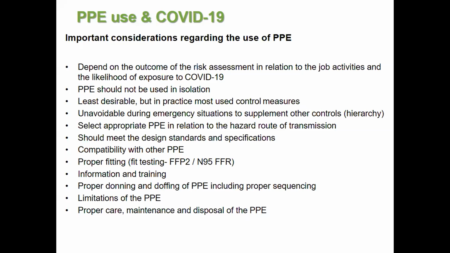So other important considerations include factors like PPE should not be used in isolation. So we have seen that there are challenges in terms of the PPE. They can be contaminated if you use them longer and you're not changing them. And the virus can remain on those PPE, like for example, in terms of the gloves, Weibo is telling us that the virus can survive up to 8 hours on those gloves.